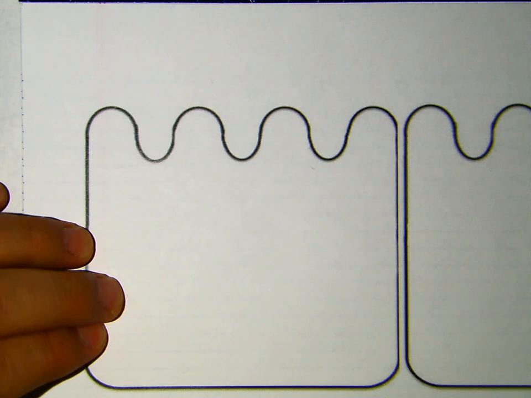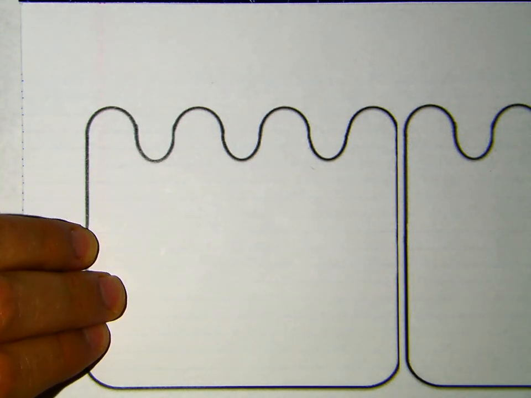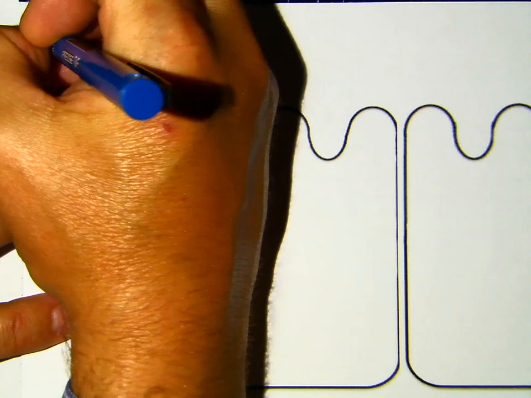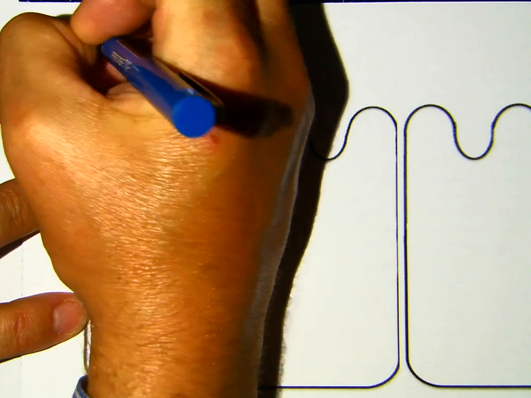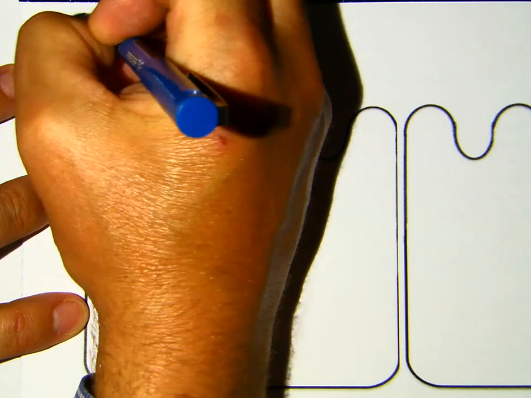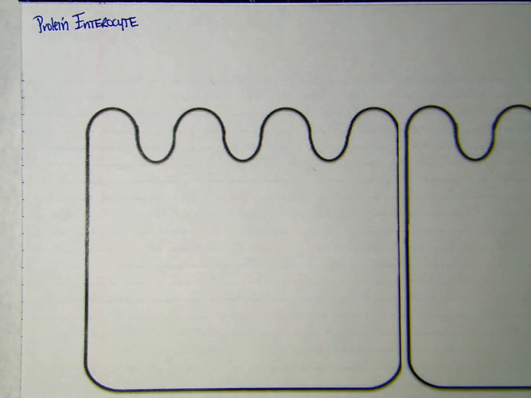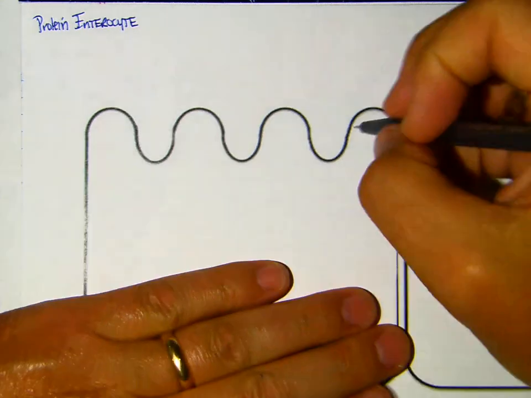And so we can write protein enterocyte up here. We'll start with the sodium dependent transporter. So we'll make this right here.